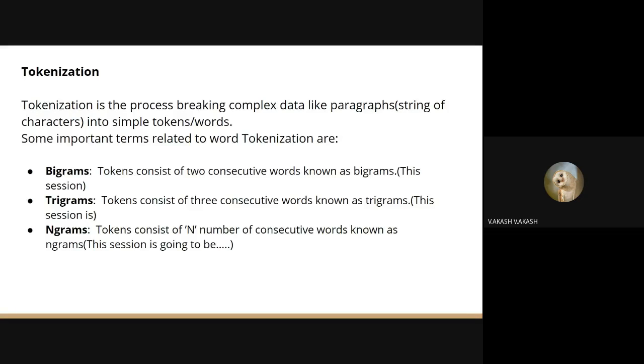Over here, you also need to know about bigrams, trigrams, and n-grams. What are these terms? While tokenizing, you can tokenize just two consecutive words together. For example, "this session" is a bigram, just two words, two tokens. And trigrams, "this session is". An n-gram could be "this session is going to be", a 6-plus gram.